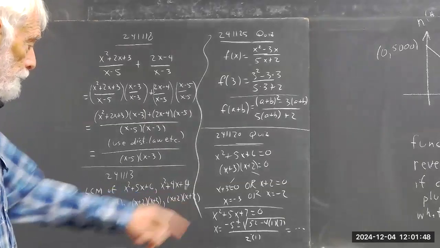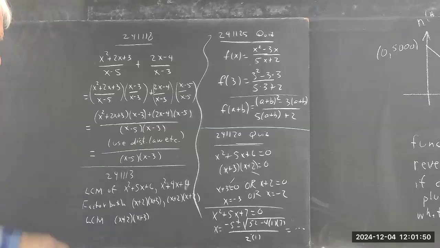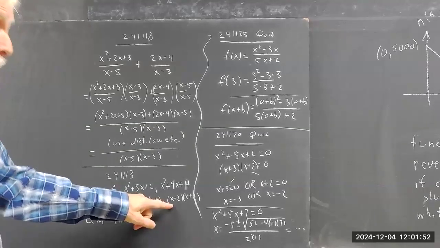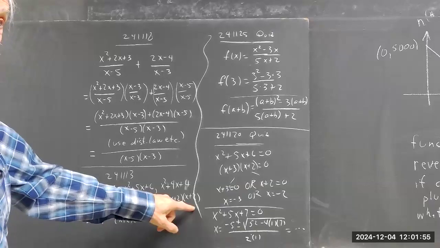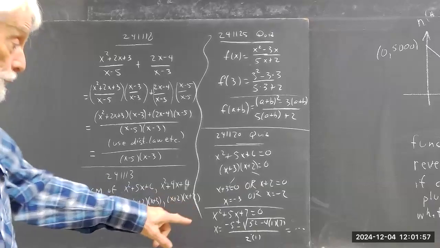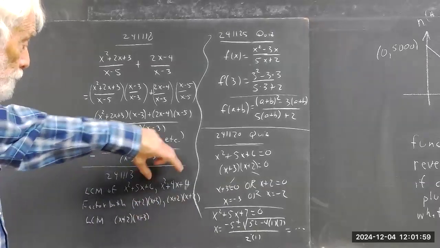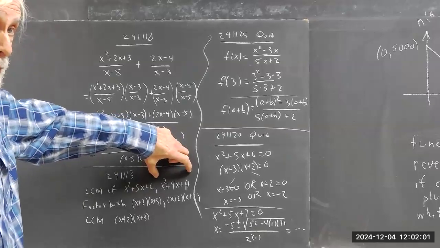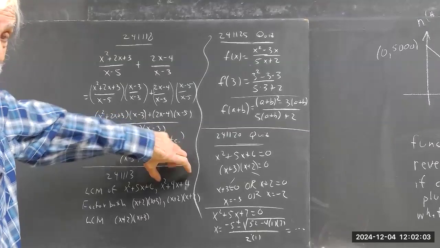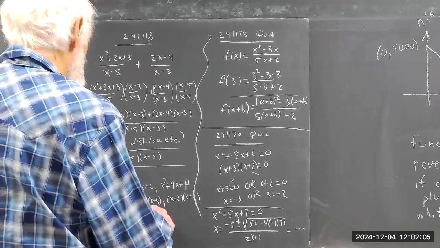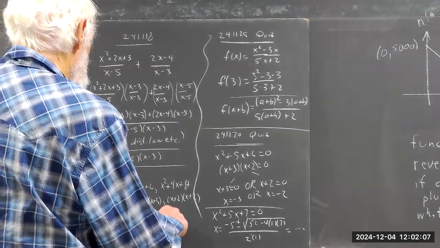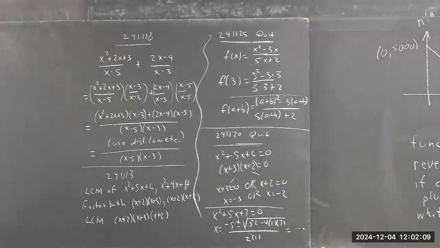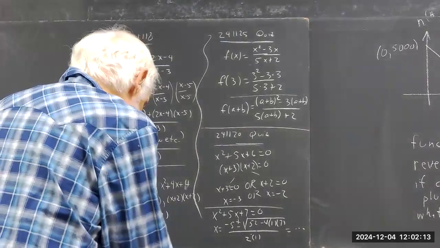Now we look over here and we see that we've got one of the x plus 2's, but we don't have the other one. We need two x plus 2's in order to have a multiple of this expression. So we multiply again by another x plus 2. And that's it.